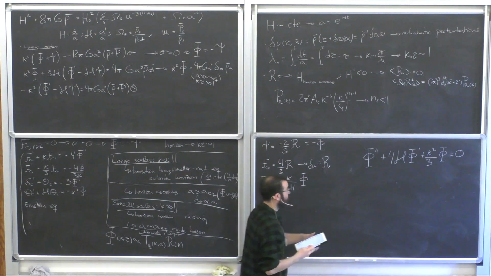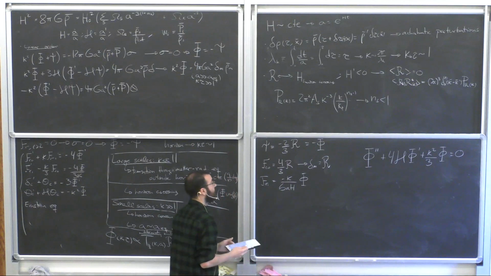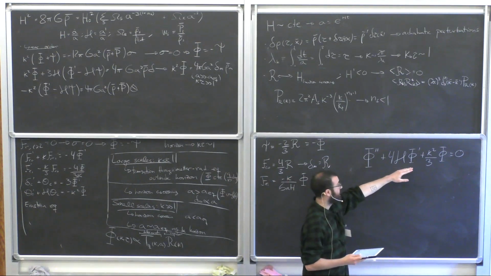In this case, we can neglect, for example, this term because we are just going through the horizon crossing. And this is basically a damped harmonic oscillator.